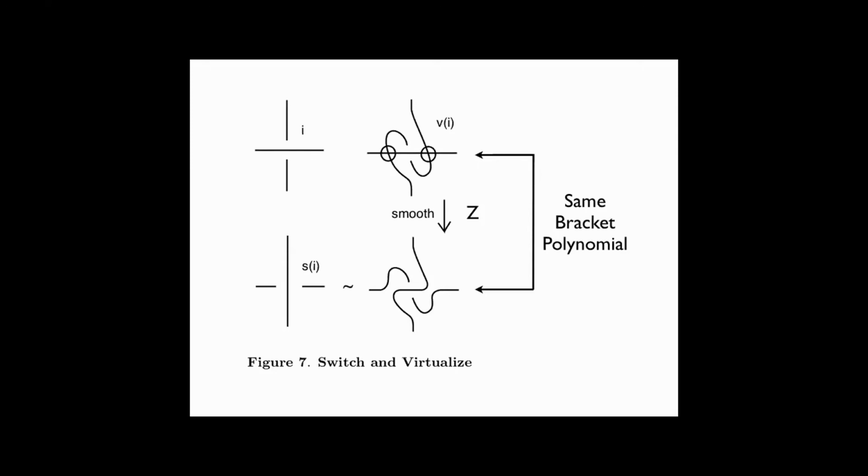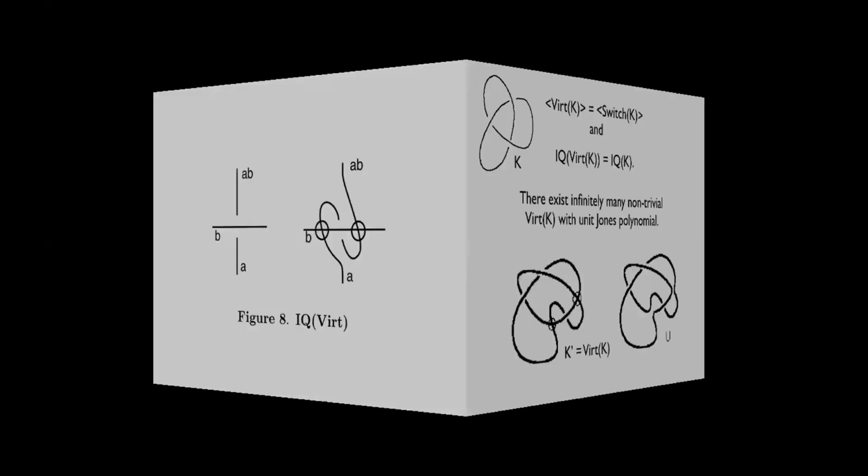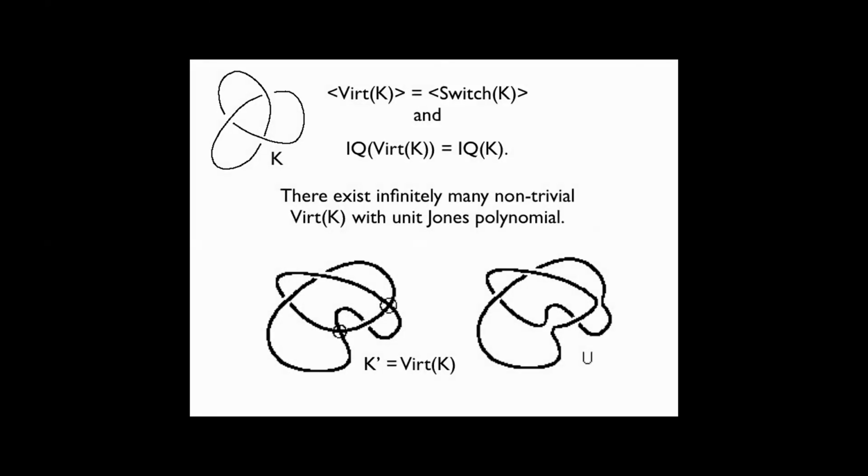So this tells you what we found in another form. It tells you that if you started with a given crossing and you virtualized it, the bracket polynomial would be the same as the bracket polynomial if you had switched it. And indeed, when we looked at this example, you can see that that's what happened.